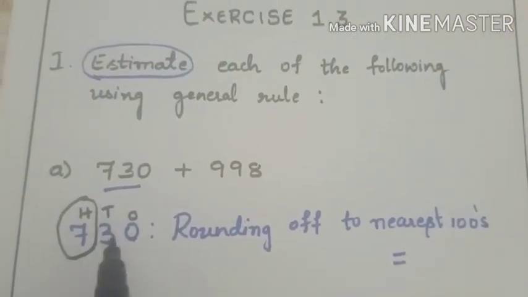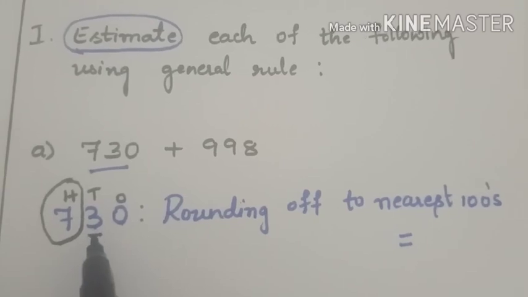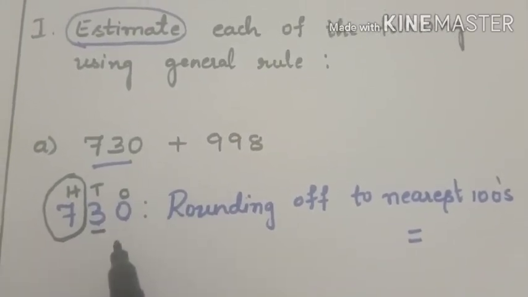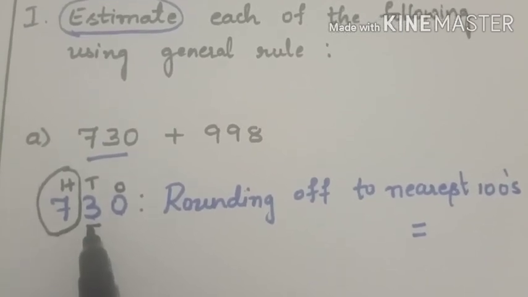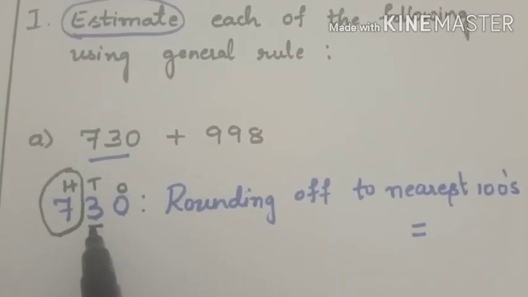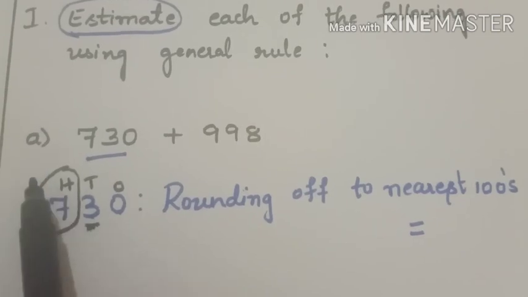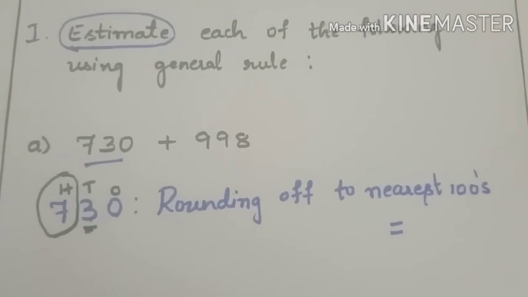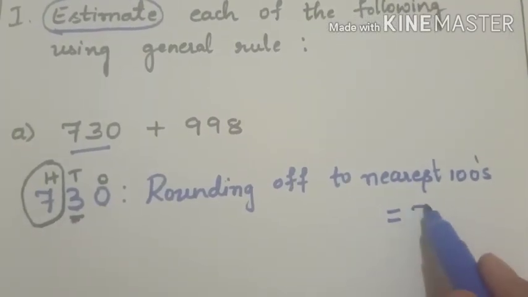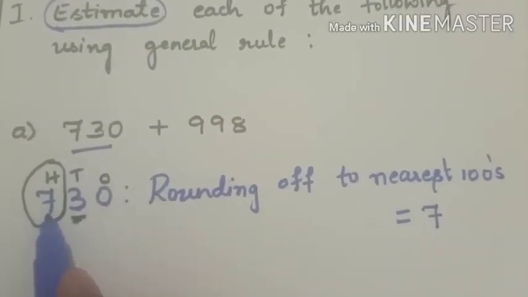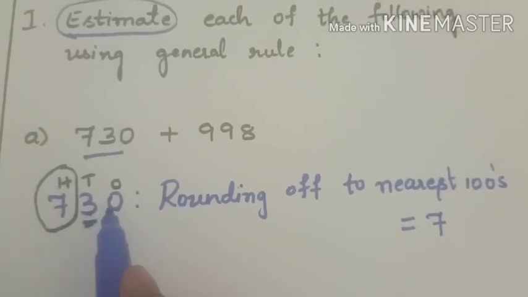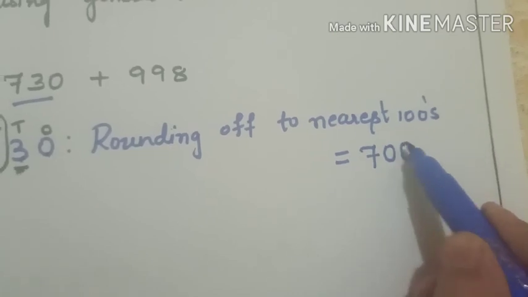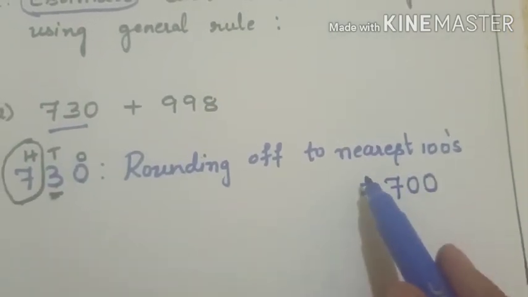What is the tens place here? 3. Is 3 less than 5 or greater than 5? 3 is less than 5, right? So you should not add anything to the hundreds place. 7 remains as it is. So the answer is 7 in the hundreds place, and the tens place and ones place become 0 and 0 in the rounding off system.